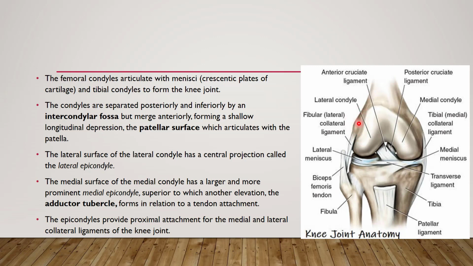On the lateral side there is a lateral epicondyle, and on the medial side there is a medial epicondyle, and superior to the medial epicondyle there is another elevation called the adductor tubercle, which forms in relation to the tendon attachment. The epicondyles provide proximal attachment for the medial and lateral collateral ligaments of the knee joint. See here, this is the lateral collateral ligament and this is the medial collateral ligament.